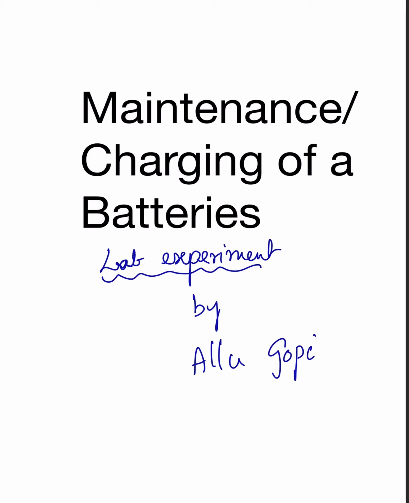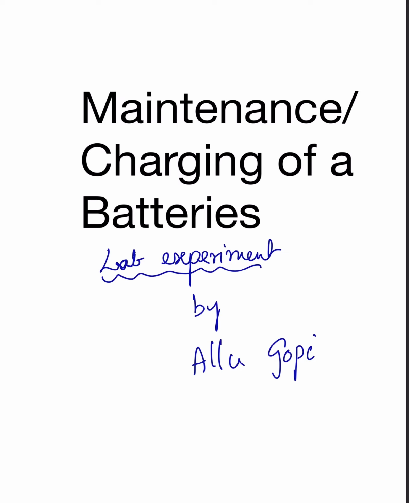See, any electrical apparatus operates on voltage levels, voltage and current. If potential difference is there, then current will flow.